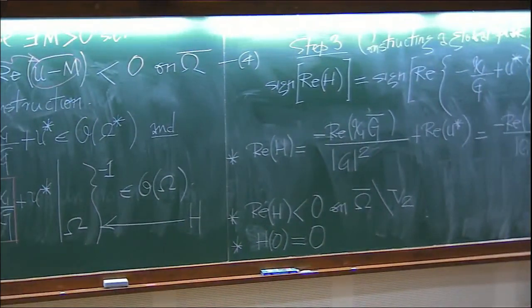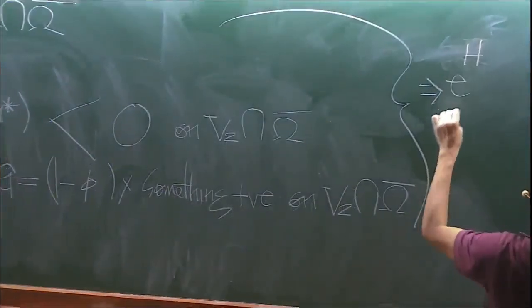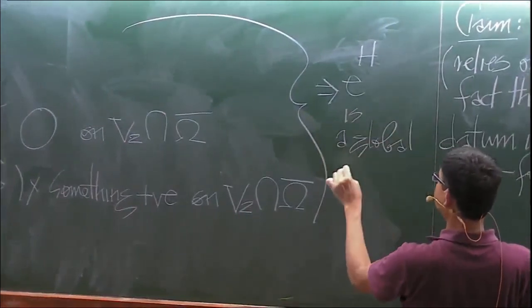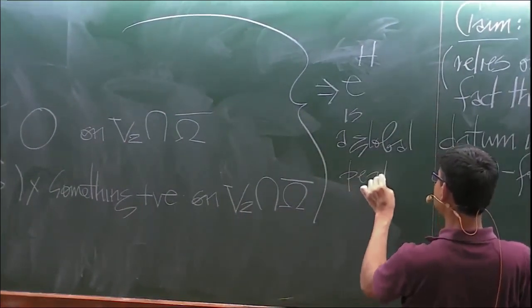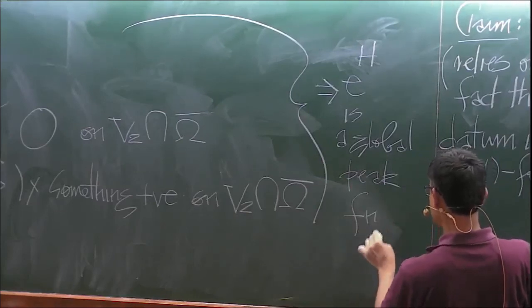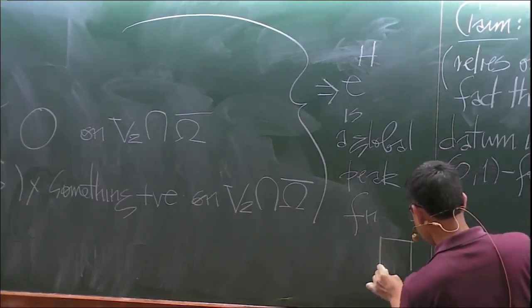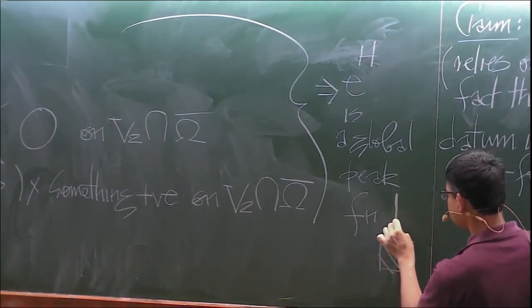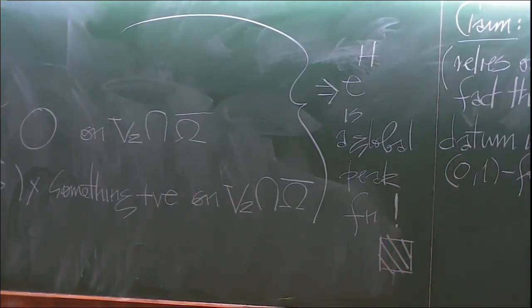So this implies that e to the h is a global peak function. See that? And we are done, right?